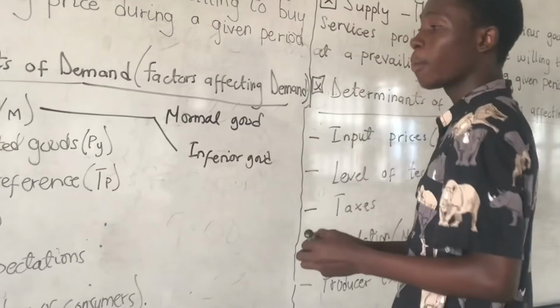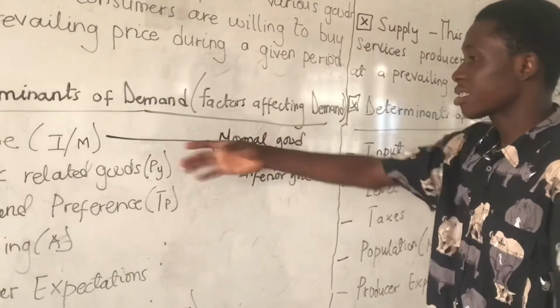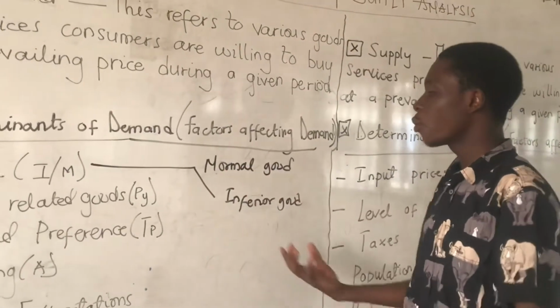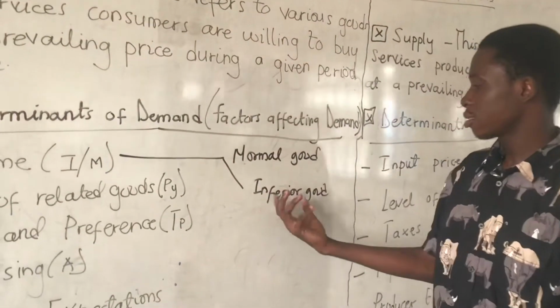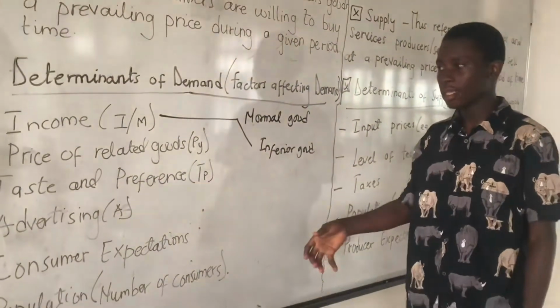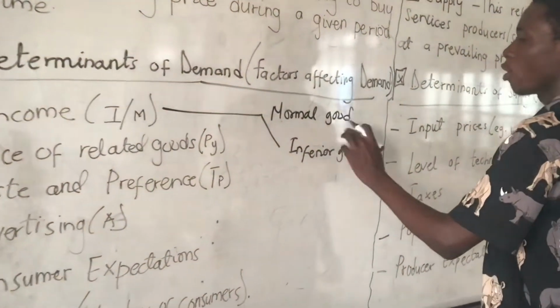With the normal good, as income increases, quantity demanded of that good also increases. Then with the inferior good, as income increases, quantity demanded of that good decreases. The normal good has a positive correlation.